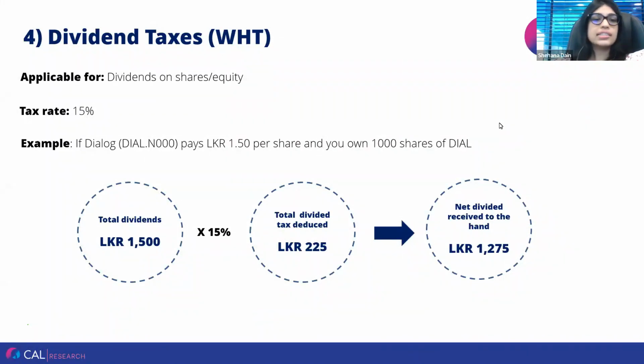So if you take an example, let's say the dividend is declared for Dialog shares, and you hold 1,000 shares, and the dividend is declared at rupees 1.50 per share. The total dividend will be around 1,500 rupees, and once 15% dividend tax is withheld, the total dividend tax deducted will be 225 rupees, and your take home would be 1,275.